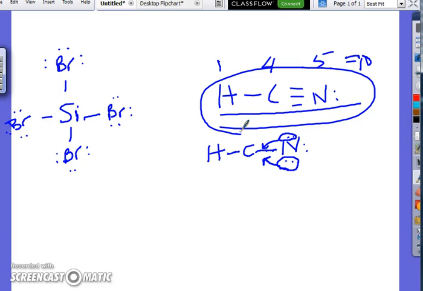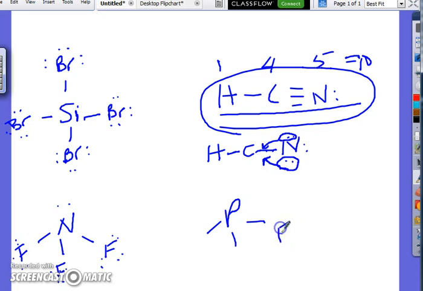And obviously this one is going to be a heck of a lot more polar due to its asymmetrical distribution of electrons. And then lastly, I've got nitrogen trifluoride versus phosphorus trifluoride. So it's going to look very similar to the other one.